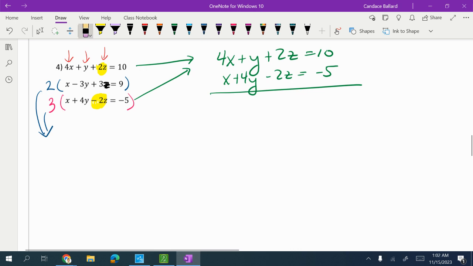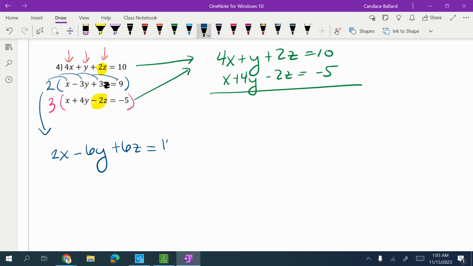Okay, so we are going to distribute that 2 through all parts of this, including across the equal sign. So 2 times x would be 2x. 2 times negative 3y would be negative 6y. 2 times 3z would be 6z.